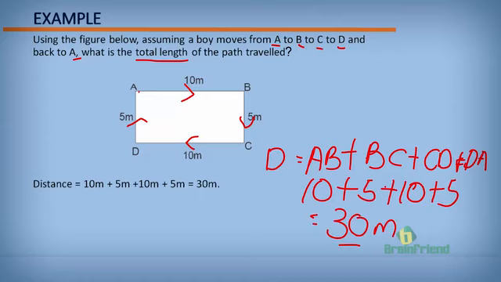This is the distance the boy traveled from point A back to point A. It is the total length of the entire path traveled by the boy.